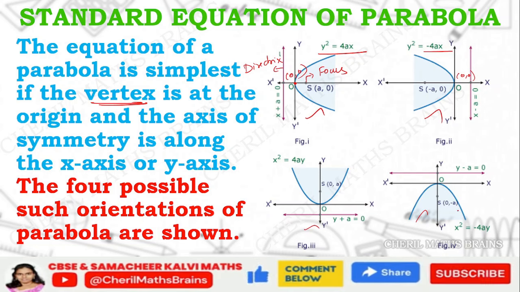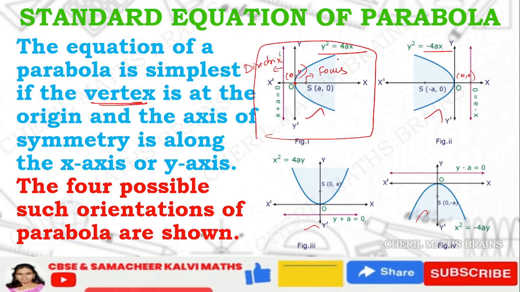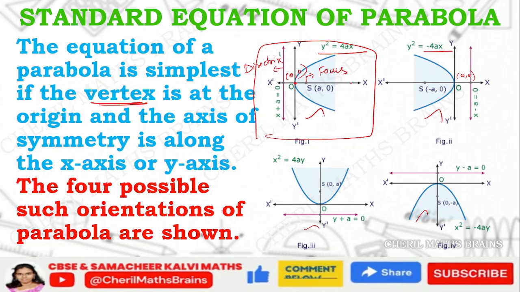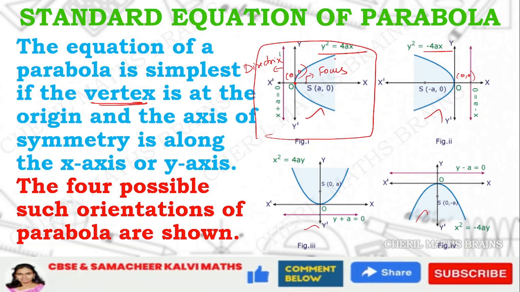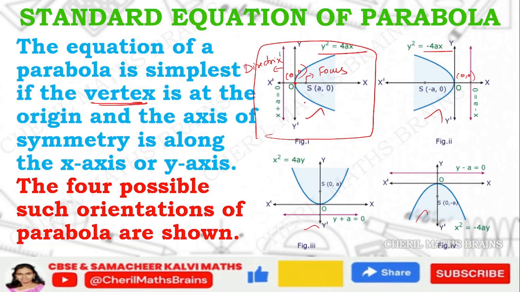It's very simple to remember, children. If you just remember one, the rest you can very easily remember. So remember which axis it lies on. If the parabola is around the x-axis, then it is going to be y square equal to 4ax. That itself will help you to remember the rest of the three orientations.